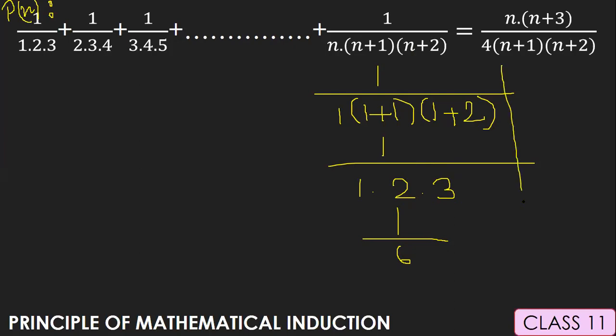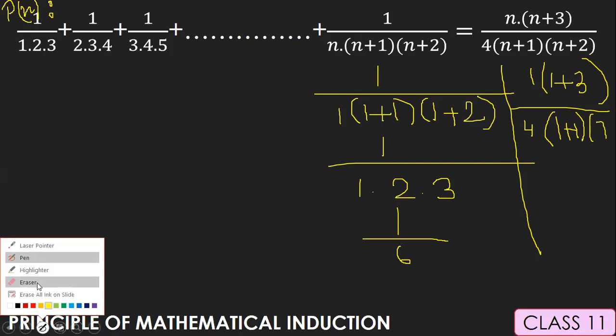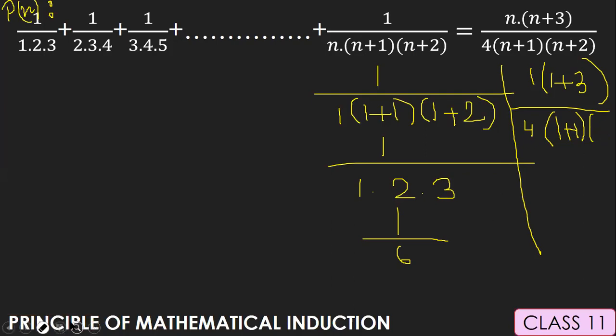Now in the RHS side, let us check for 1. So 1 into 1 plus 3 divided by 4 into 1 plus 1 into 1 plus 2.